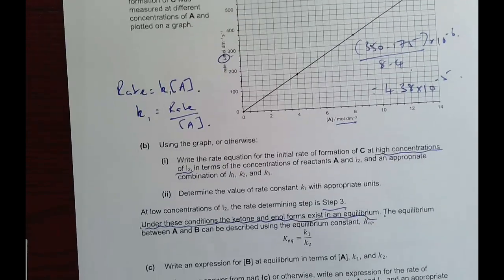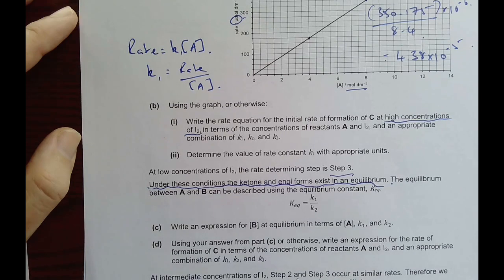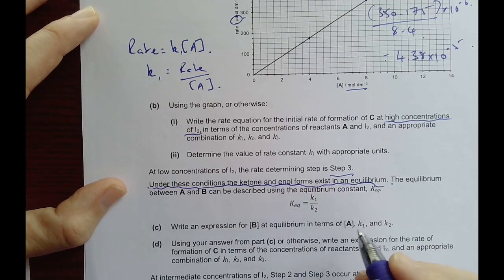So it says now the equilibrium between A and B can be described using the equilibrium constant KEQ. Write an expression for B at equilibrium in terms of A, K1 and K2. Now, if you've studied rates in class, this relationship between the equilibrium constant and rate constants is something that you should have covered.